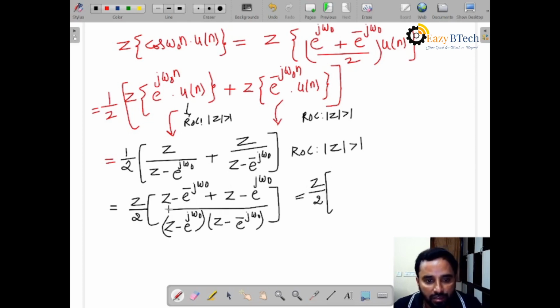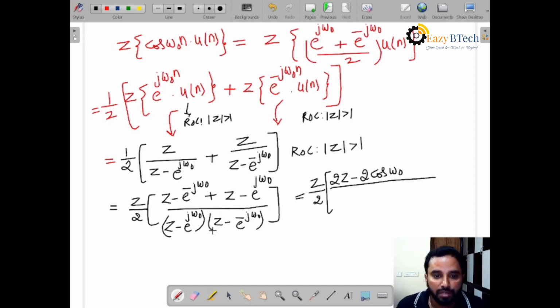Now simplification of this: z by 2, here z and z, 2z, right? And minus we can take common, and e power j omega naught plus e power minus j omega naught will become 2 cos omega naught, divided by, so this multiplication already we know, z square minus 2z cos omega naught plus 1.